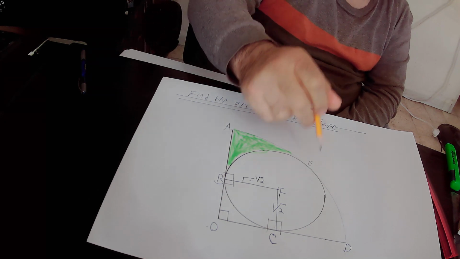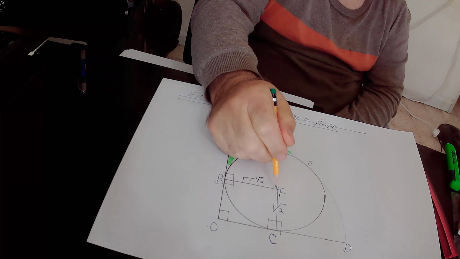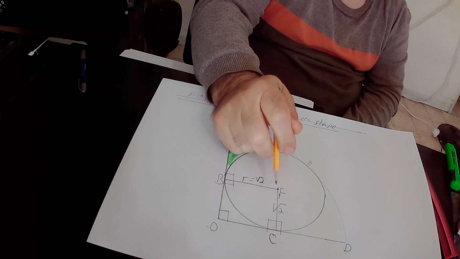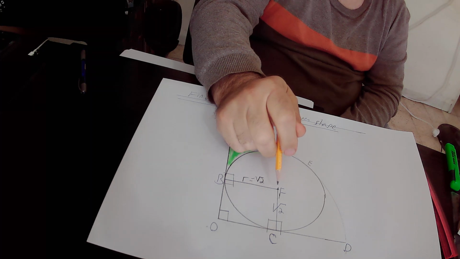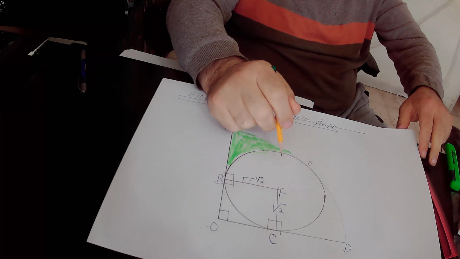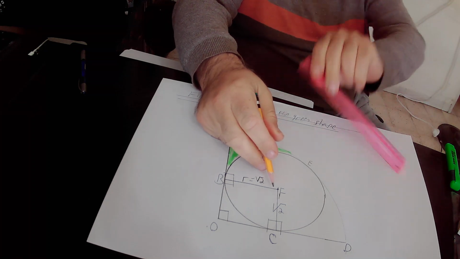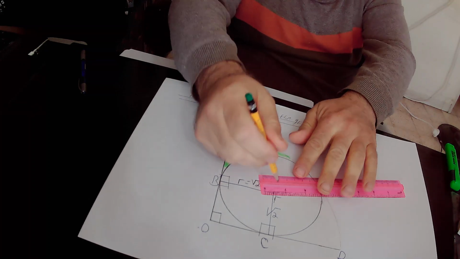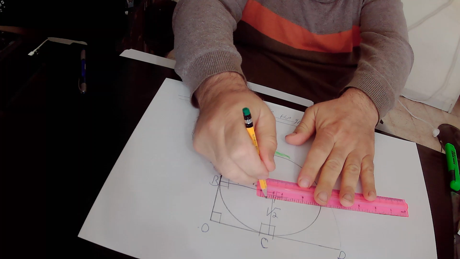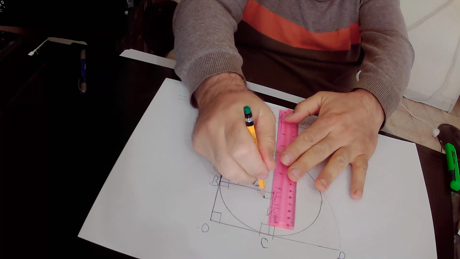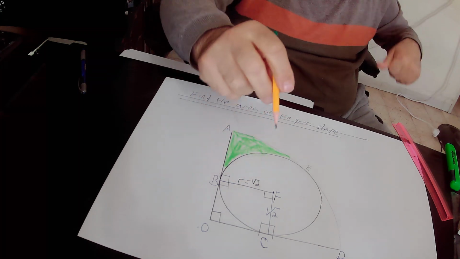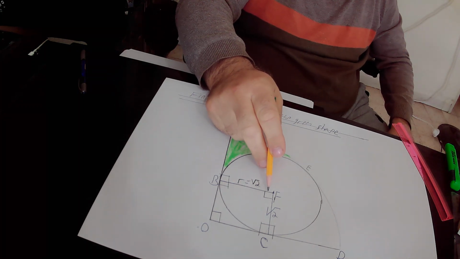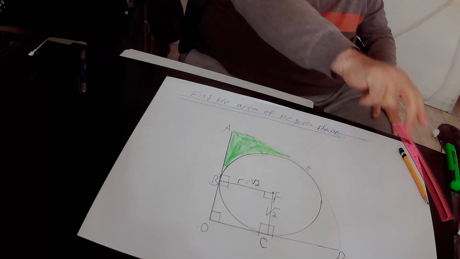So 270 degrees plus the size of this fourth angle, in total they must be equal to 360 degrees, according to the rule that the sum of the angles in any quadrilateral is equal to 360 degrees. Therefore, the missing angle here must be equal to 90 degrees in its size.